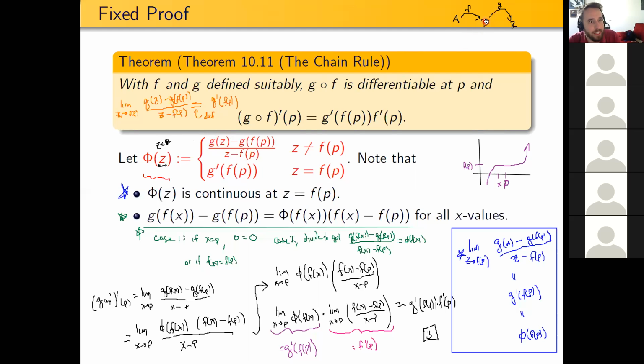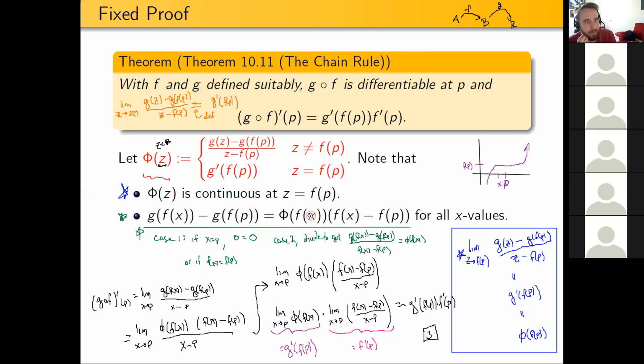So z should be inside my set B. However, I don't think we ever violate that. If we look through here, I think the weirdest line possibly is this equation right here. For this equation, I'm plugging into phi f of x.